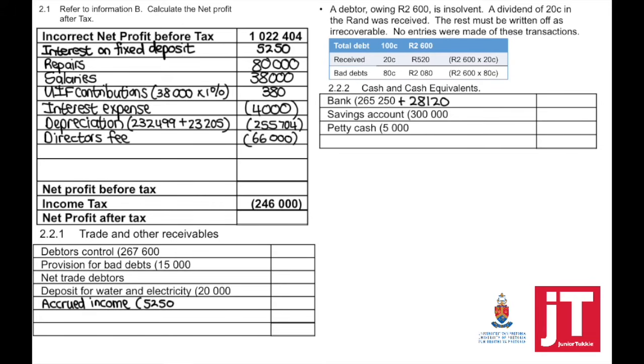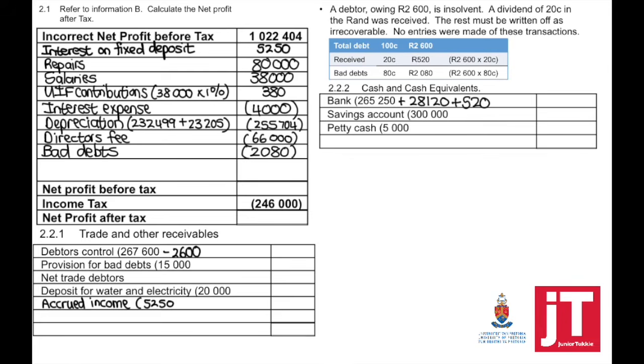So to calculate the amount received, we are going to take 2,600 times 20 cents, and to calculate the amount that should be written off as bad debts, we can now either take 2,600 minus the amount received equals the amount to be written off, or we could have said 2,600 times 80 cents.